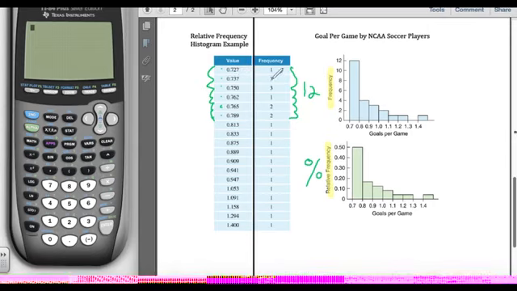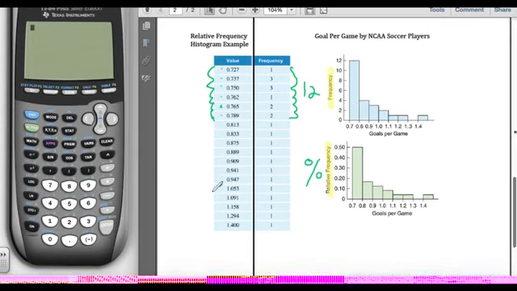You had 3 players who scored 0.737 goals per game. 3 players who scored 0.75 goals per game on average. 1 player at 0.762, 2 at 0.765, and 2 at 0.789. If you add these together, 1 plus 3, that's 4, plus another 3, that's 7, plus this 1 is 8, 10, and then 12. So this went up to 12.